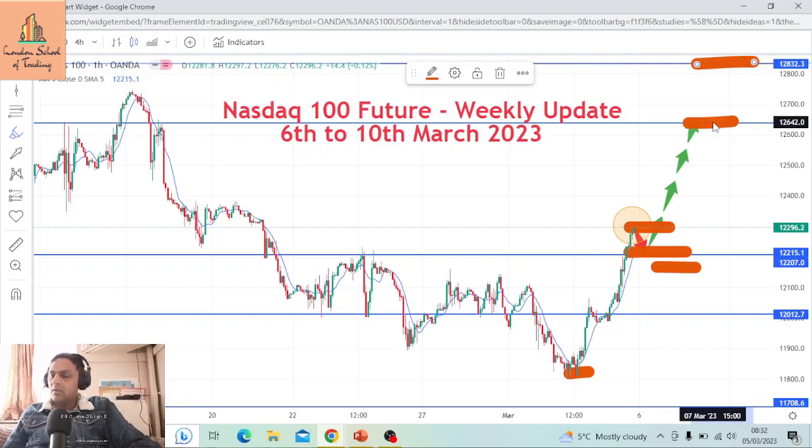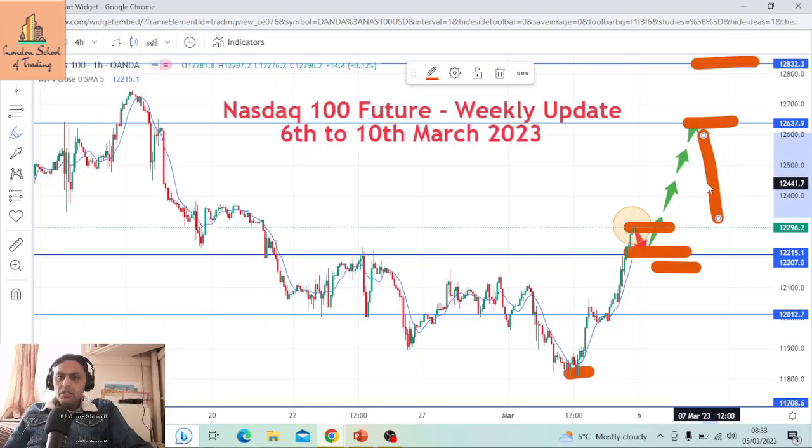When it reaches 12,600 level, you can exit from that level because the market is highly volatile. If it can't cross this level, the market is expected to fall very hard.